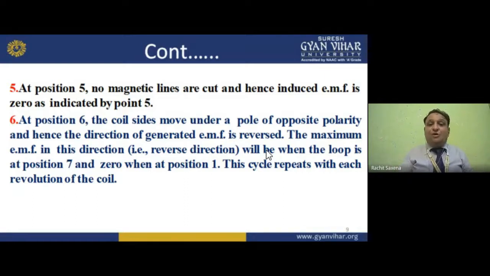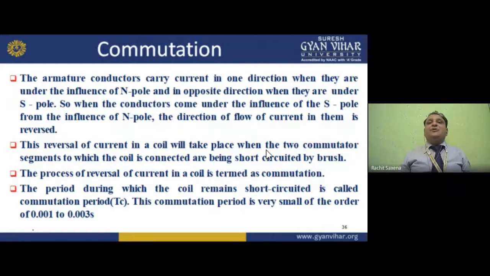Moving forward, commutation. That is the important part. Why am I telling you the basics of the DC machine as a generator? Because I want to tell you the role of the commutator.